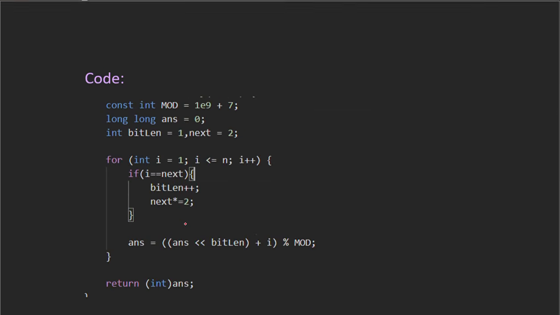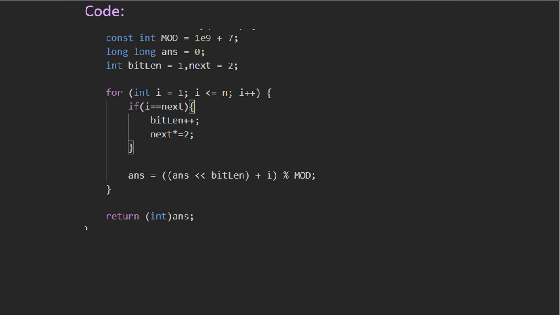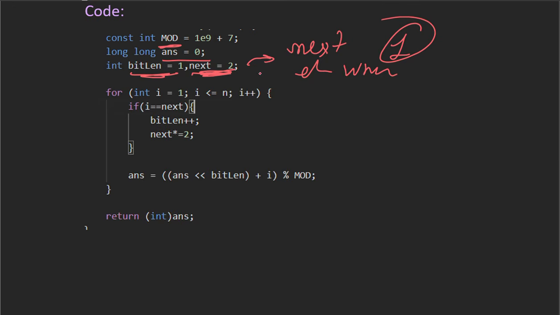So let's see the code part of it. We have made a variable to store the modulo answer, and initially our bit length is 1 because we will be starting from 1. Next is 2, that is the next element where the bit length will change. So the first power of 2 is 2, right? Suppose i is equal to next, meaning we have reached some power of 2, then our bit length will be increased by 1.